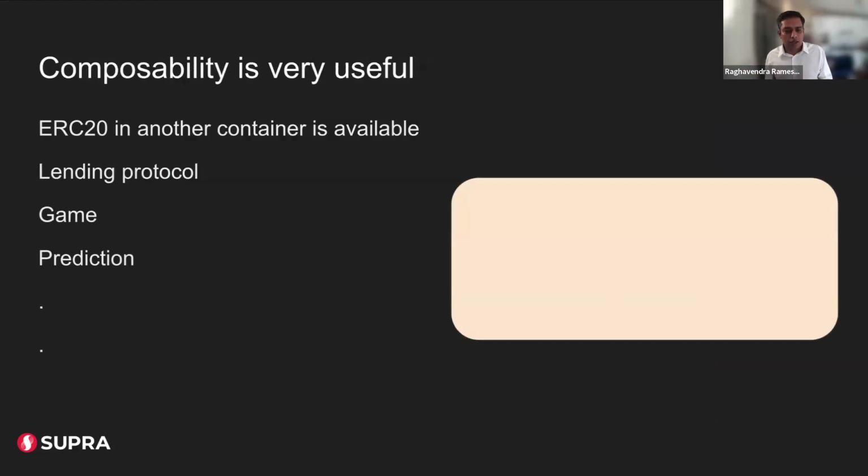So yeah, as I said, composability is very useful. One can use the services that are popular in other containers for our own applications: lending protocols, games, and predictions.